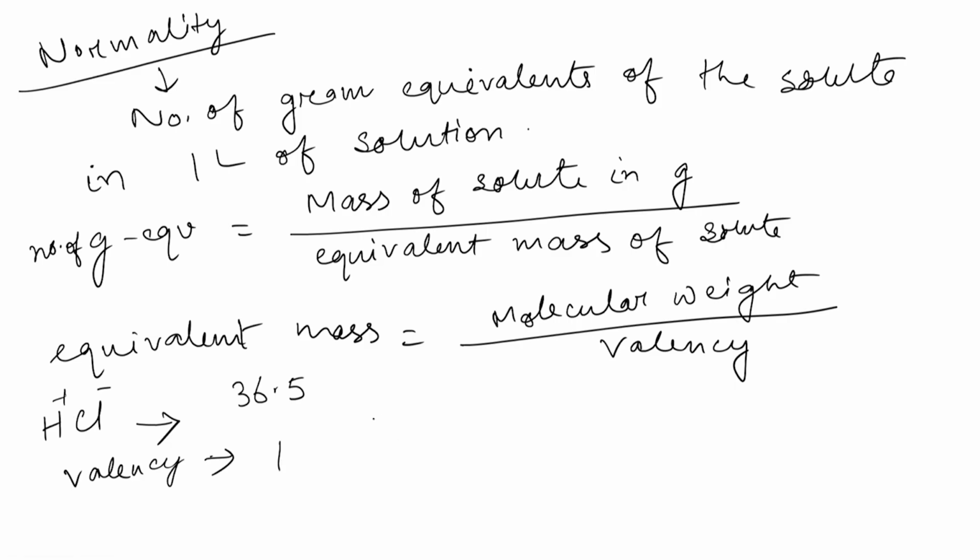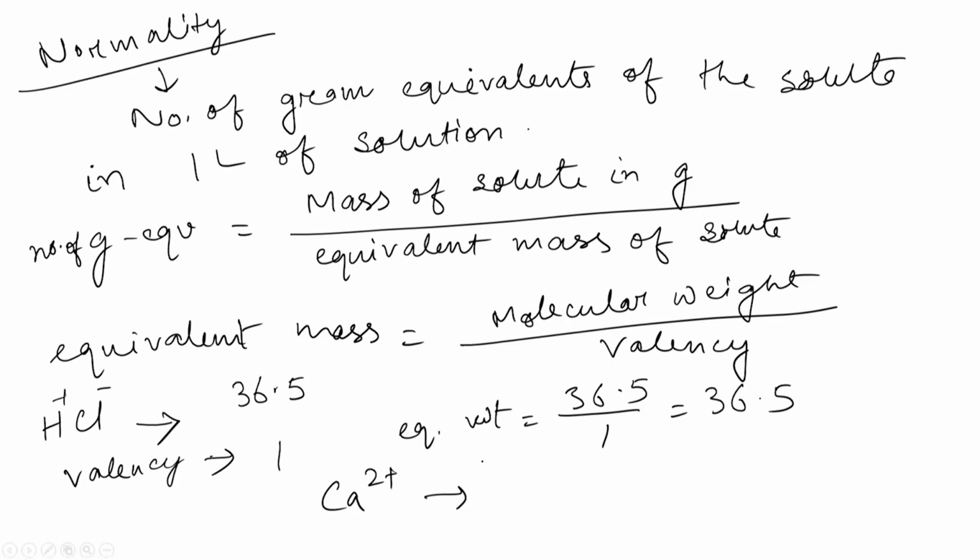So valency is 1. So equivalent weight will be 36.5 by 1, that is 36.5. Now if we are talking about calcium 2 plus, the atomic weight for this will be 40 divided by valency 2. So it is 20. So this is the equivalent weight.